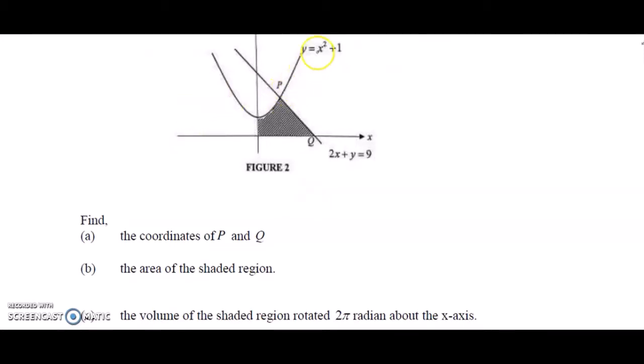To get P, we just solve the equation of the quadratic curve and the straight line simultaneously. To get the point Q, we just substitute y equals 0 into the equation of the straight line. To get your P, I will equate them.